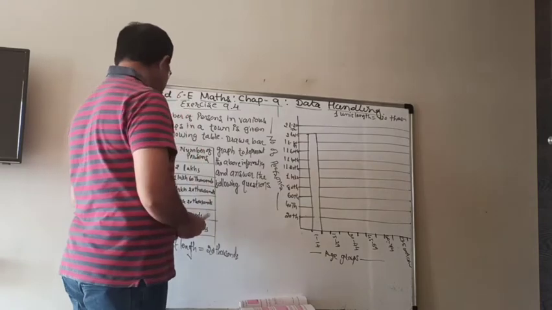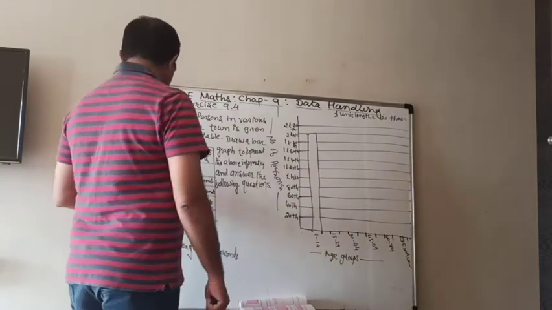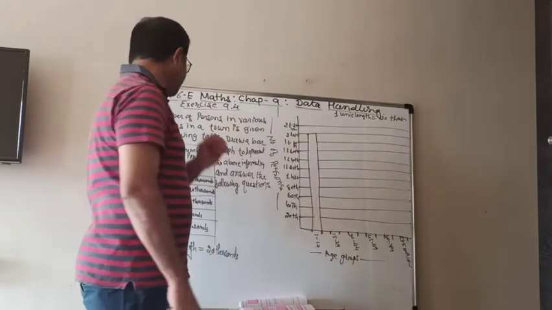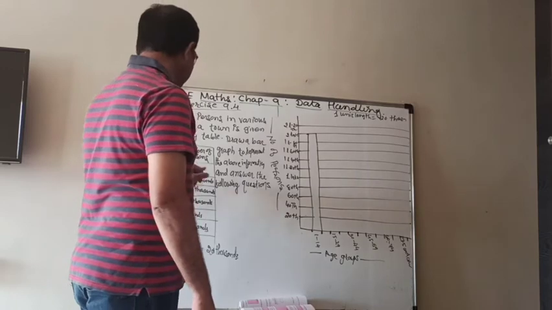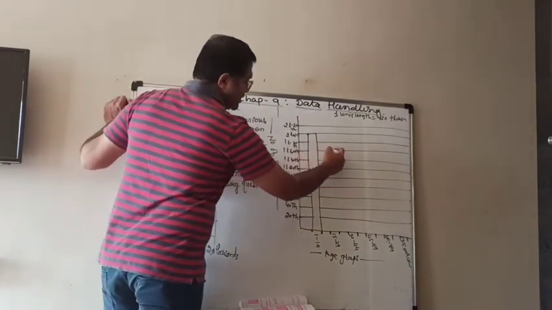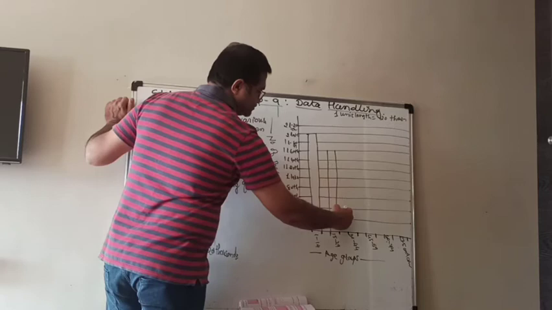The next age group is 15 to 29, and in that group there are 1,60,000 persons. So here your 1,60,000 is here. So from here we have to draw that particular bar.